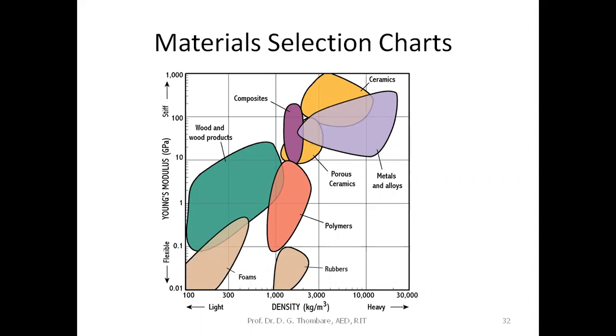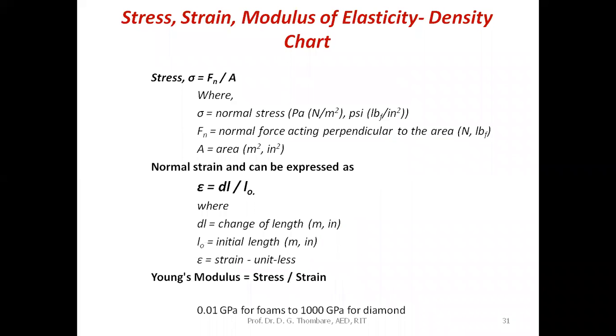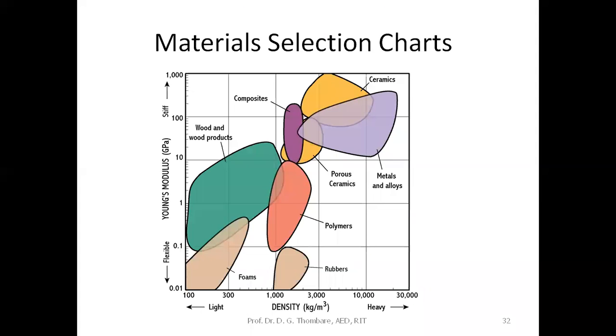This chart is material density versus Young's modulus. Density is defined in terms of kg per meter cube, and Young's modulus is in Pascal or gigapascal, which defines stiffness. When Young's modulus increases, material stiffness goes on increasing.